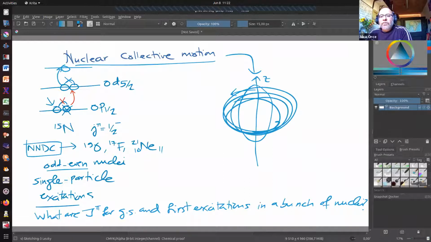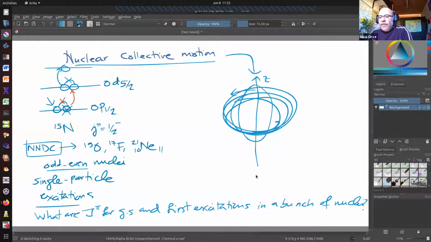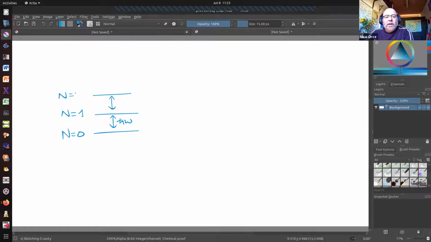And this collective motion we have already investigated when we went through the harmonic oscillator. So in the harmonic oscillator, you have the main oscillator quantum, which is n equals 0. As you remember, n equals 0. And then there was always a h bar omega energy difference between this one and the next harmonic oscillator quantum number, then the next one, right?